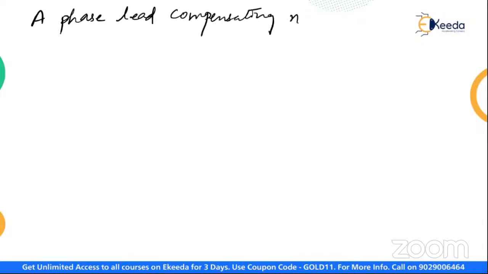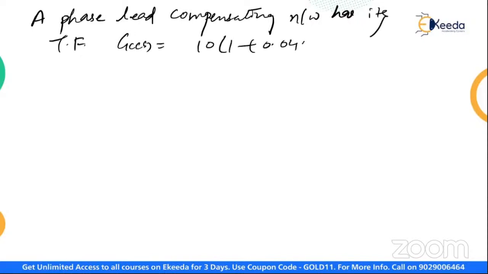A phase lead compensating network has its transfer function GC of S equal to 10 into 1 plus 0.04 S, the whole upon 1 plus 0.01 S. Correct?